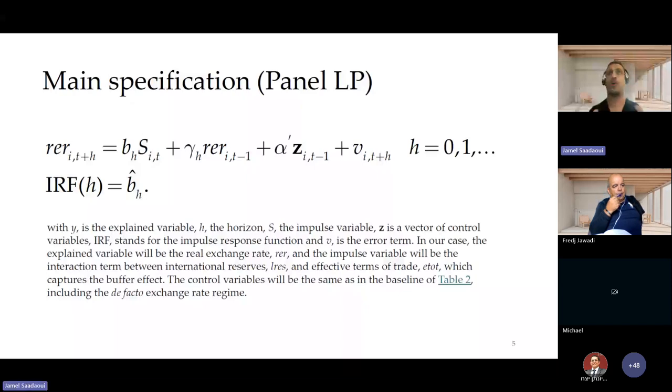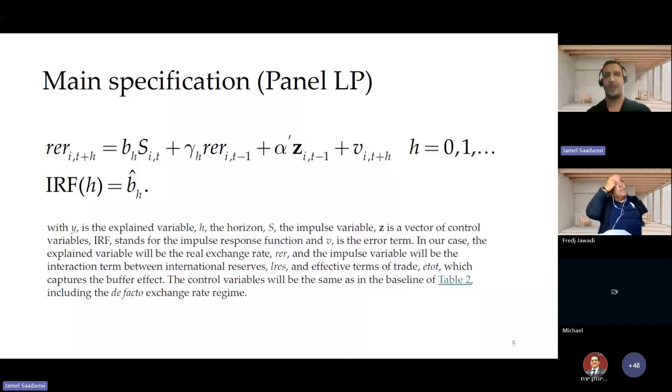We will then have a gamma h with a lag of the real effective exchange rate to consider the persistence of the series, and then a set of control variables. Keep also in mind that local projections have a great advantage in dealing with non-stationarity.